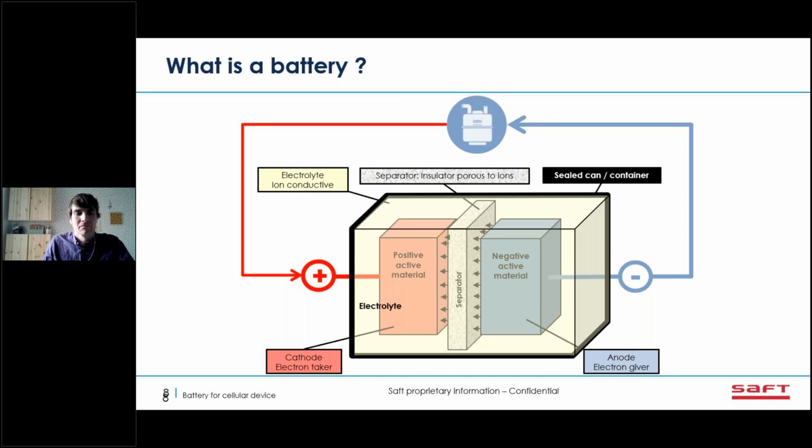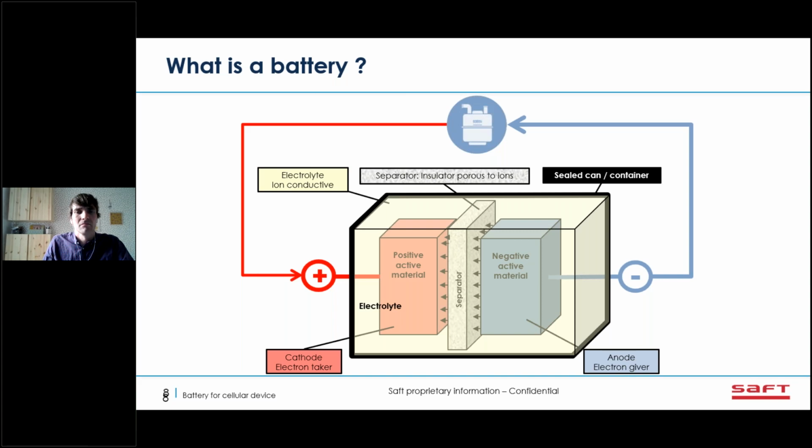permanently. This contact creates what we call the passivation layer, and it's a natural insulator. This is a natural separator between the two active materials. As it is an insulating material, every time you ask for current, you need to break this layer. This is why you have this initial drop every time you ask for a current pulse.